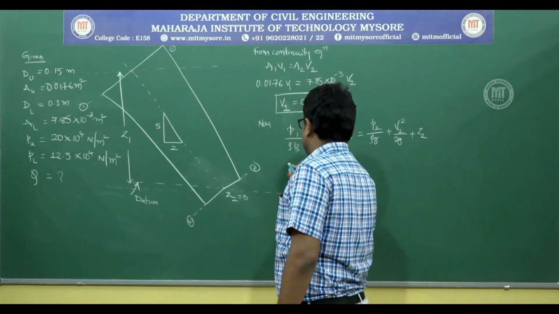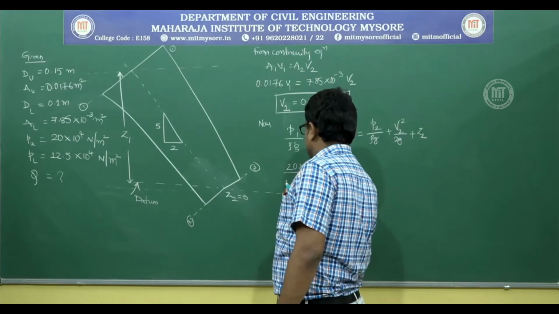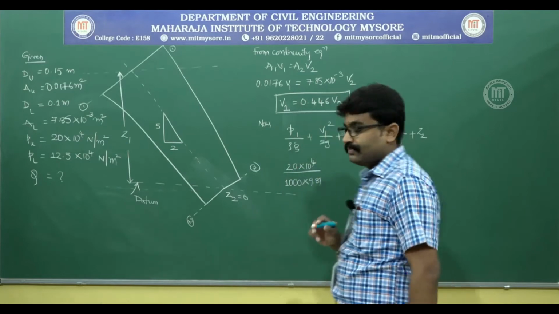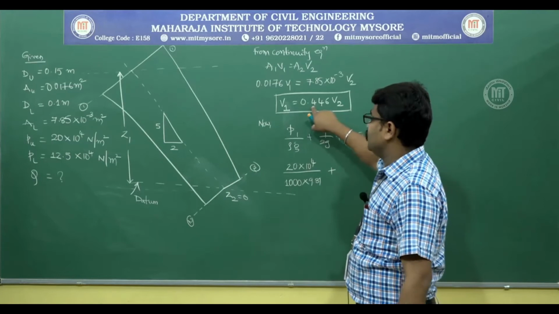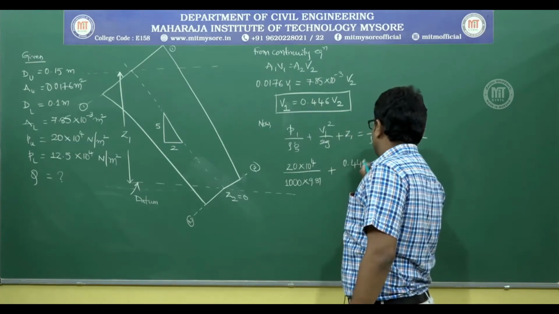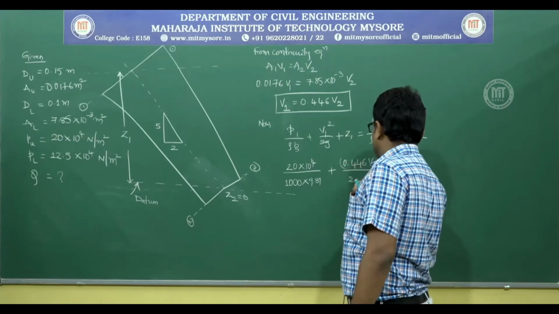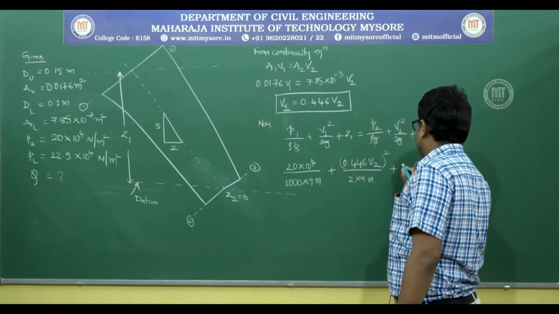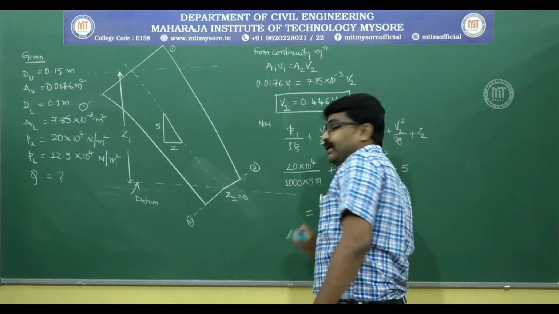So, what is P1? It is given to be 20 into 10 power 4 divided by rho of water is 1000, g is 9.81, plus V1. Whenever we have V1, we will have to substitute it by 0.446 V2 in this problem, 0.446 V2 whole square divided by 2 into 9.81 plus Z1 is 5 meters. This must be equal to P2 by rho g.